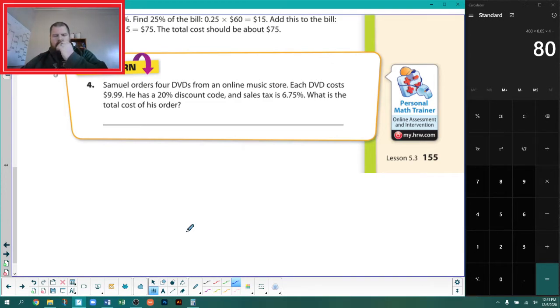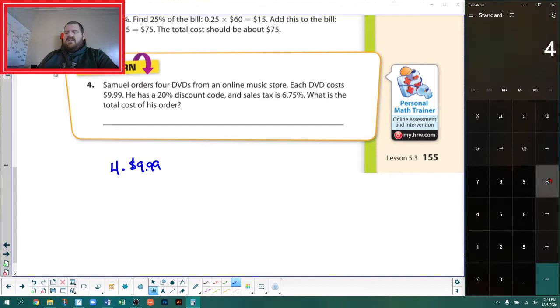So we need to figure out that discounted price. Since we're getting 4 DVDs, we want to start off by taking our number of DVDs times the price of a DVD. So let's just figure out what that is.